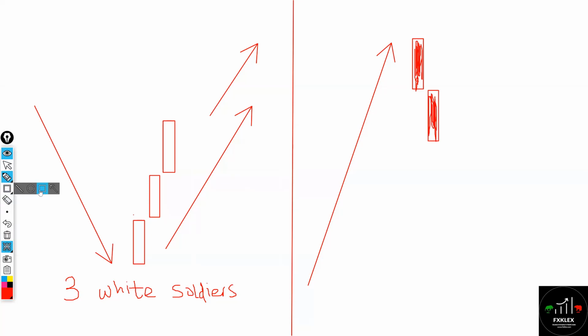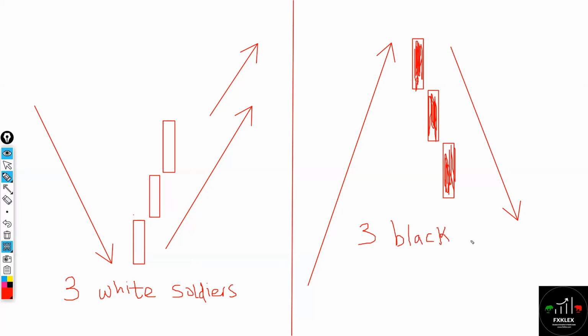And then next, another bearish candle formation. Whenever you see this on your trading chart, it is what is called the three black crows. I'm going to give you the spelling: three black crows.